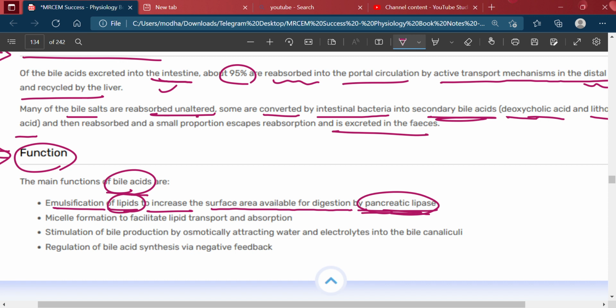Then micelle formation to facilitate lipid transport and absorption.